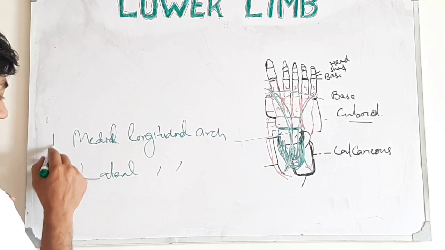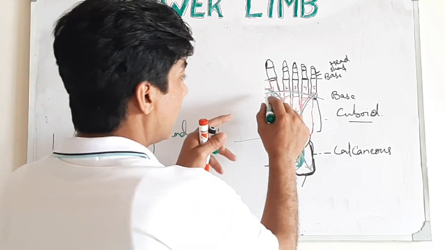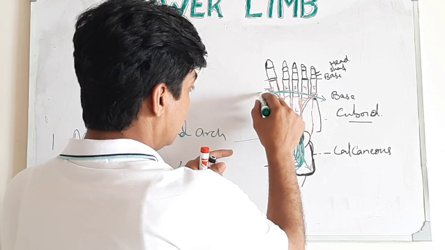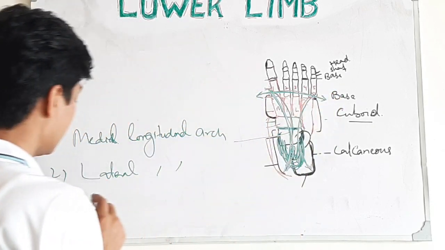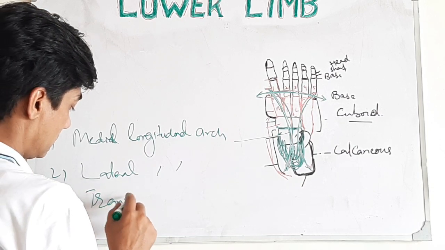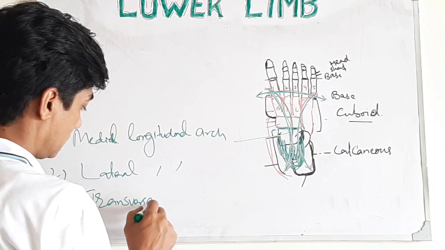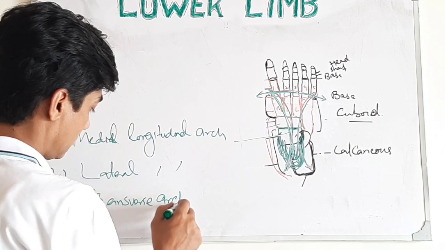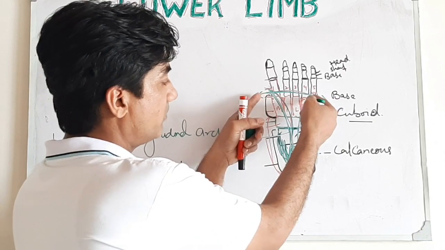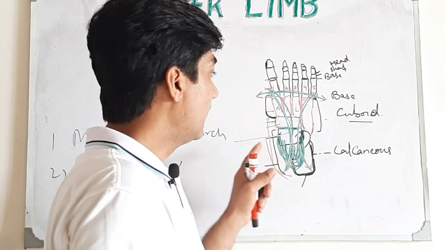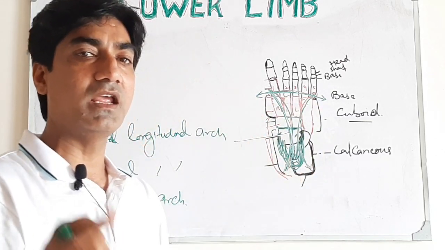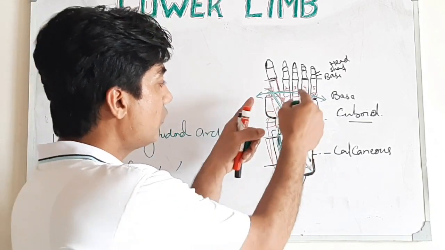And the third one is transverse. This arch is called the transverse arch.